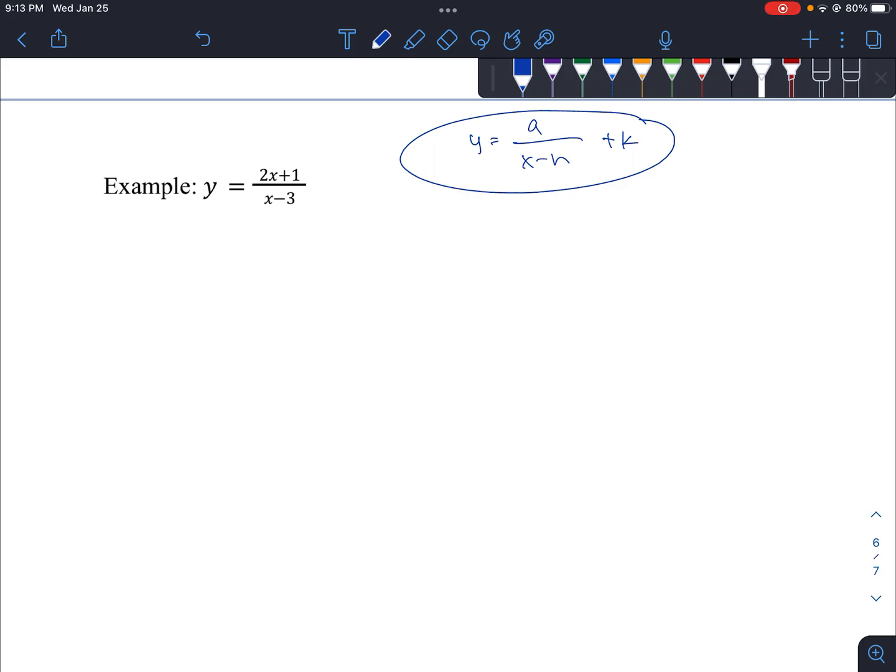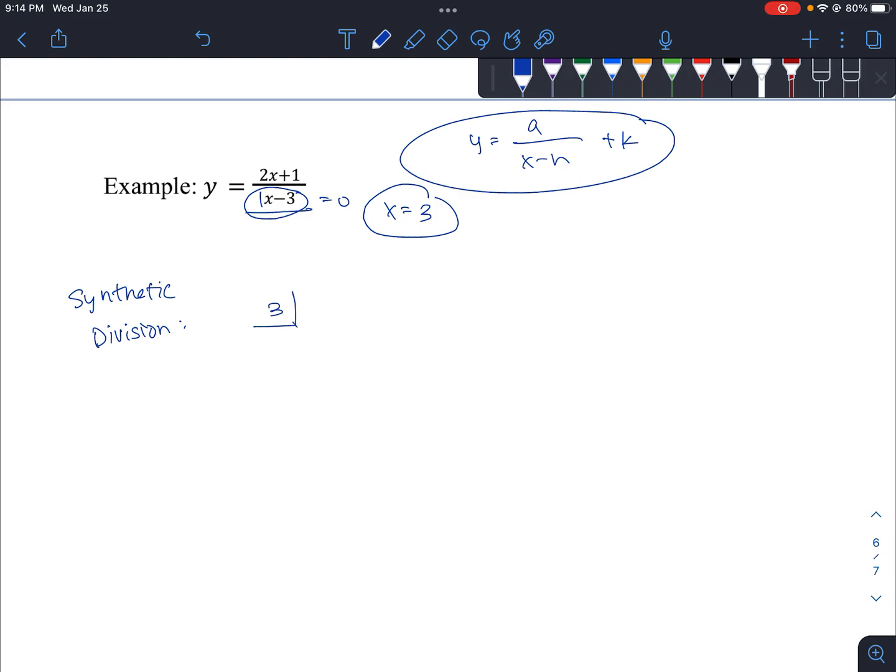So if you guys remember, we're going to use synthetic division for this one. Synthetic division you can only use if the denominator is a binomial factor and the coefficient of x is 1. So if you take this and set it equal to 0 and solve for x, you get x is equal to 3, and that's your box number for synthetic division.